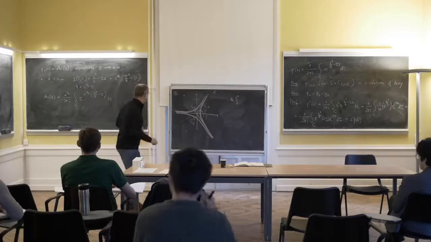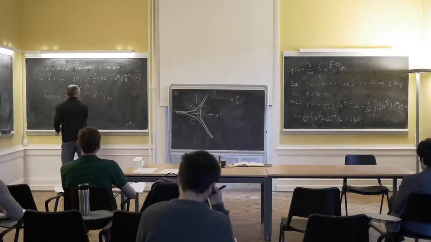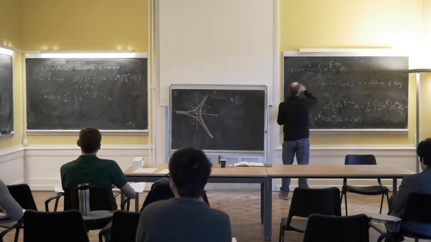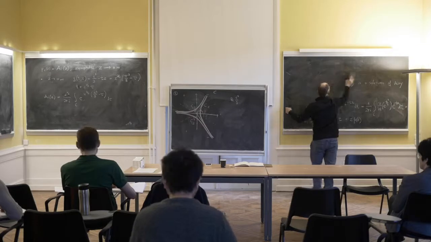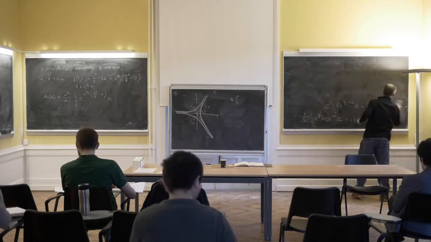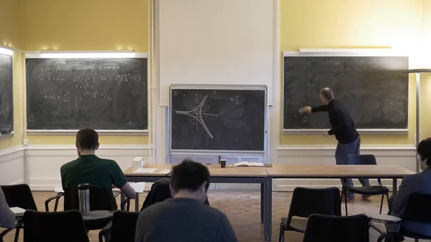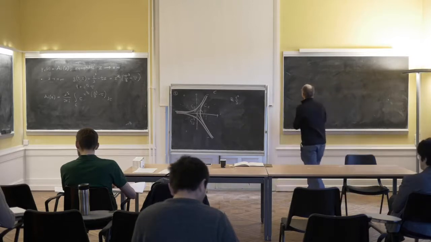Now I would like to make a small digression. I guess you probably know it, or maybe if some of you don't know it, let me recall how it works.